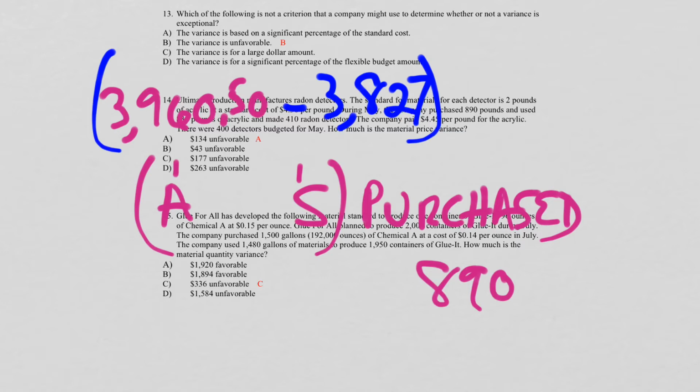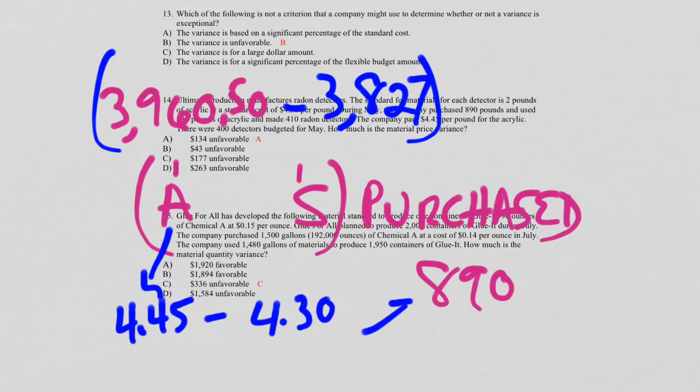And so I've actually solved the problem by the way I did the mathematics here. Normally you would have done it this way. You would have shown 4.45 minus 4.30 times the amount purchased, and that would have given you the same thing that this mathematical equation gives us. This gives us 133.50.